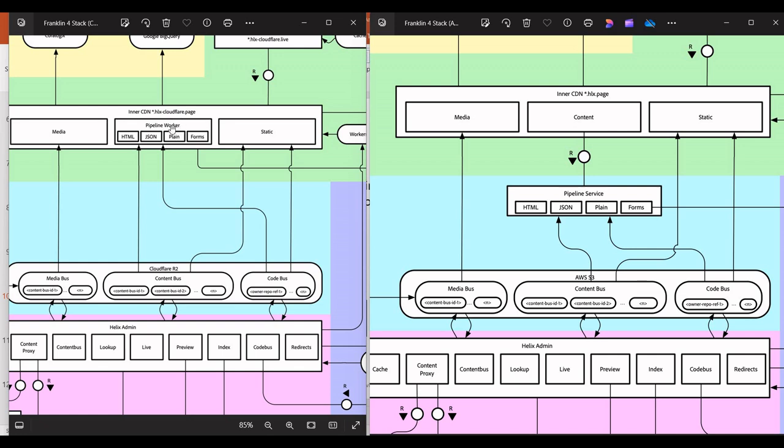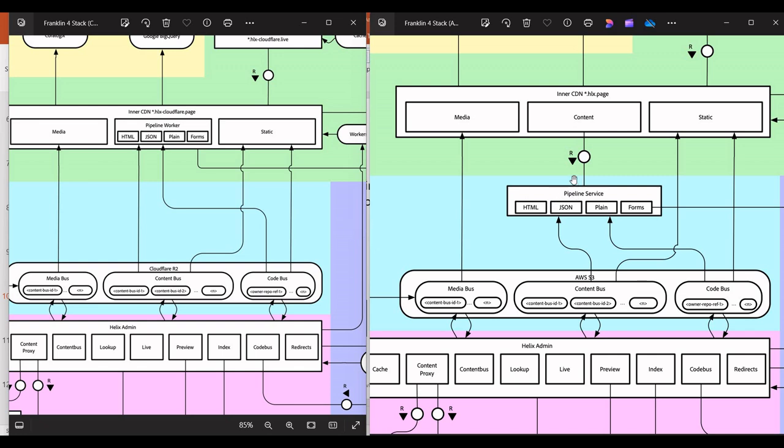Within the inner CDN we have the pipeline services also, it is basically Cloudflare worker. And I'm quite sure that here the pipeline services are on lambda functions, here they are on the Cloudflare worker. The concept is the same, it's just the naming convention that is different on different technologies, right?